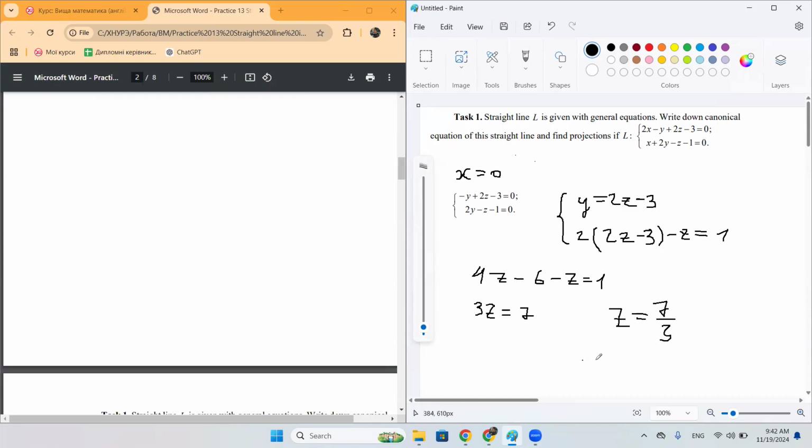And y equals 14 minus 9 by 3, so it's 5 by 3.